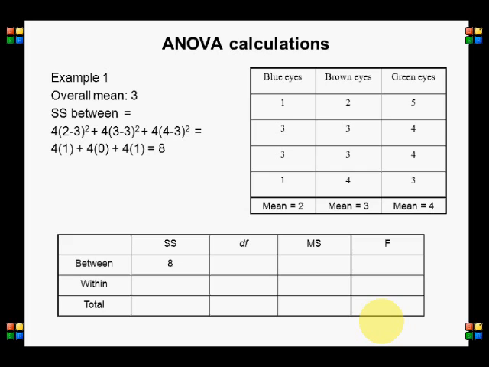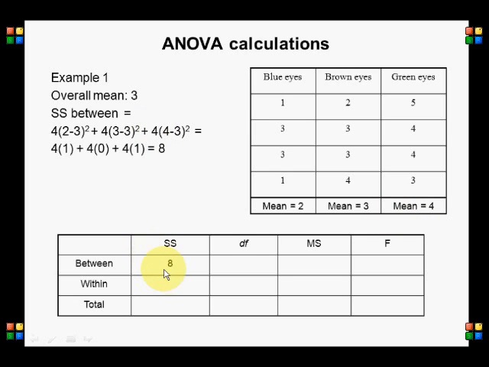Now, if I look at my data here, I can see that my blue-eyed people have a mean of 2, right? They balance out. Brown-eyed people have a mean of 3. My green-eyed people have a mean of 4.